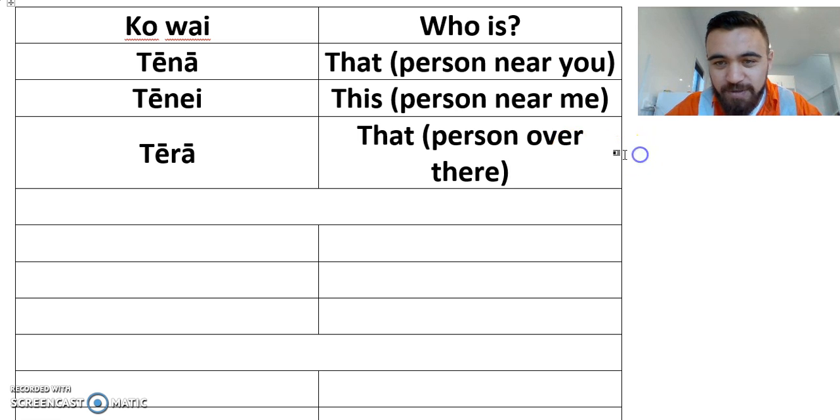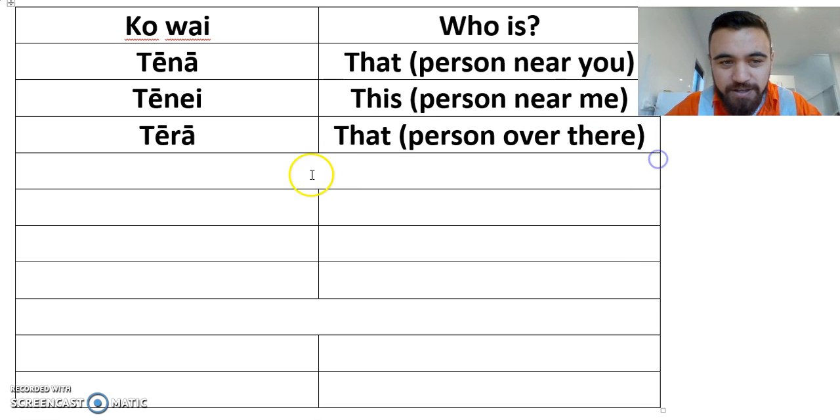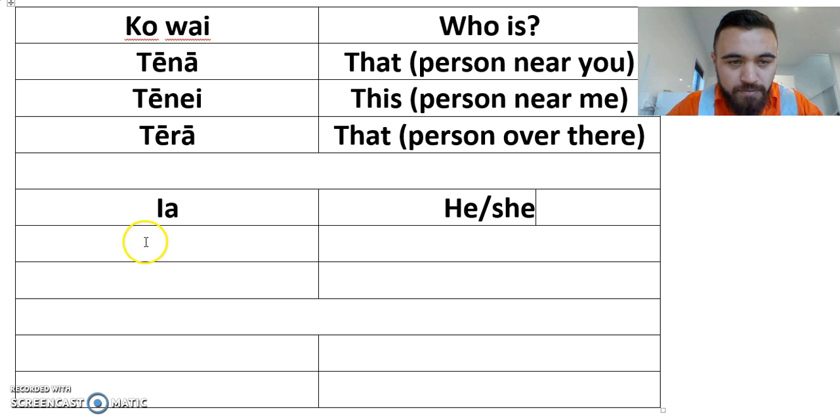Ia, he or she. And that's probably it. That's probably some really simple ones you can start working with.